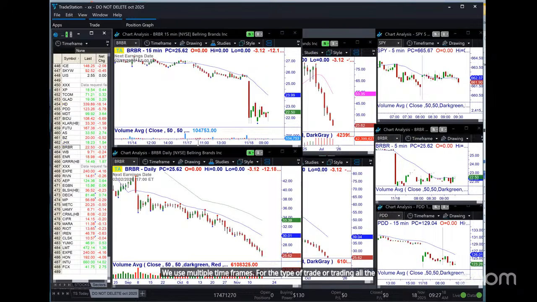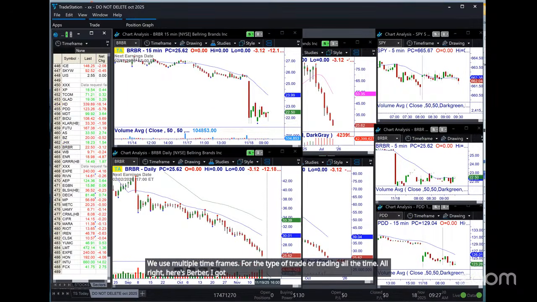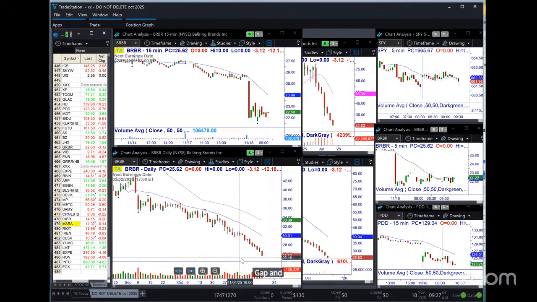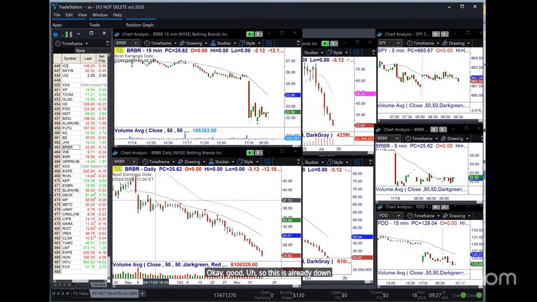All right, here's Berber. I got it in the middle chart. This is a gap and snapper candidate, gapping down $2.50 or $3. Okay, good. So this is already down from 37. So this is a great gap and snapper candidate, but we gotta babysit the snap, the turn.